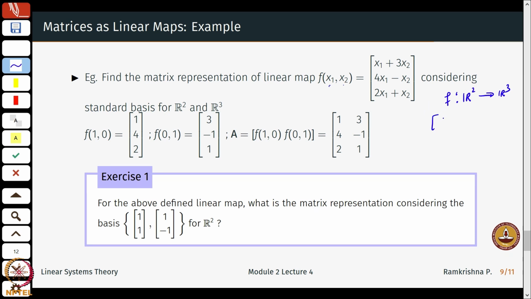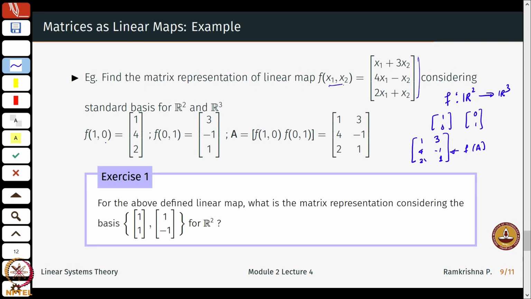I have 1 0 and I have 0 1. Now, what is the matrix representation of this? The matrix representation is simply 1, 4, 2 in the first column and 3, -1, 1 in the second. Okay. So, this is the transformation f or the corresponding matrix A, which takes elements in R2 and gives me a vector in R3.